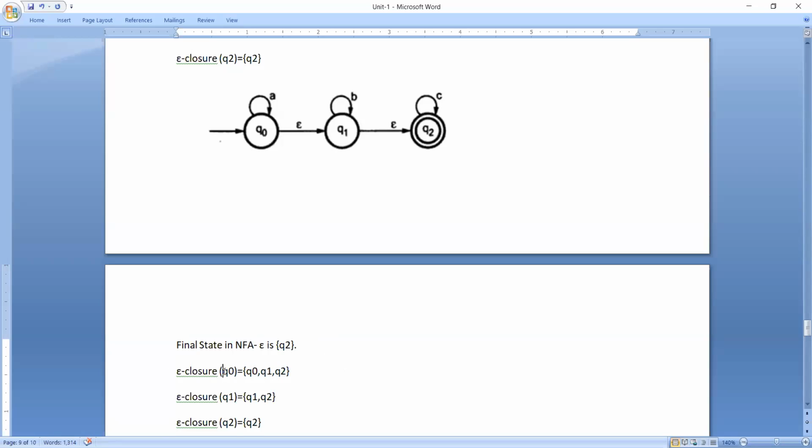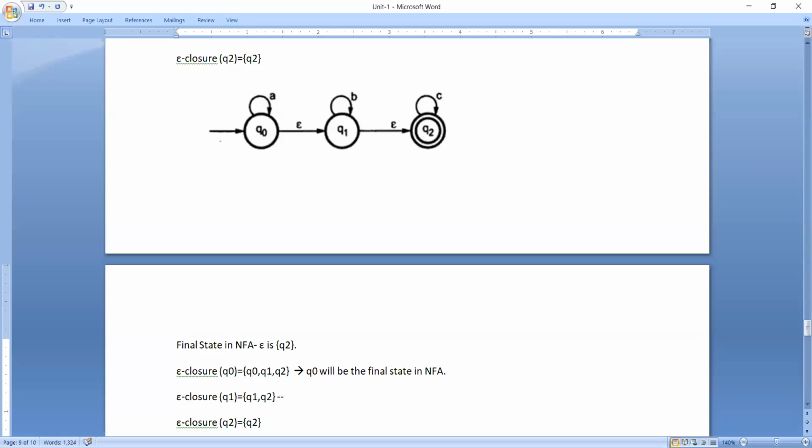If the epsilon closure of Q0 consists of the final state of NFA epsilon, then automatically Q0 will be the final state in NFA.